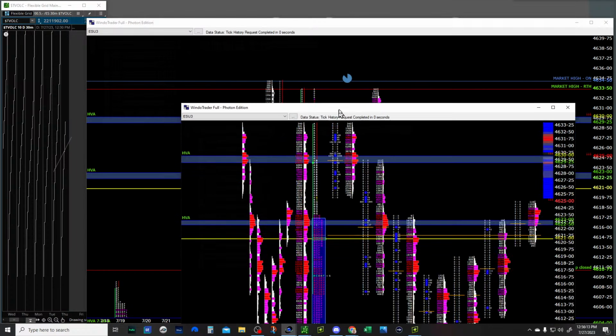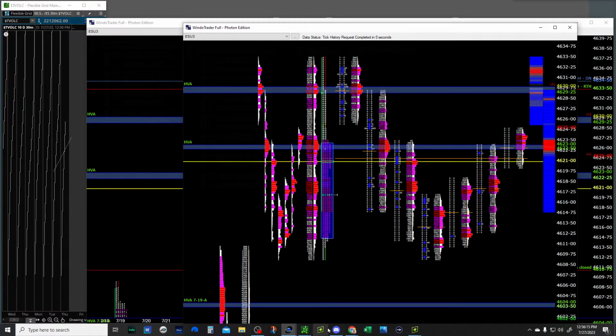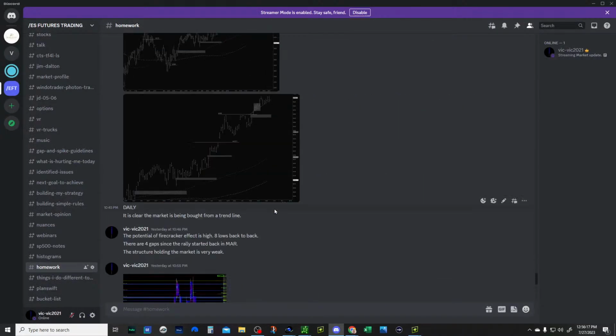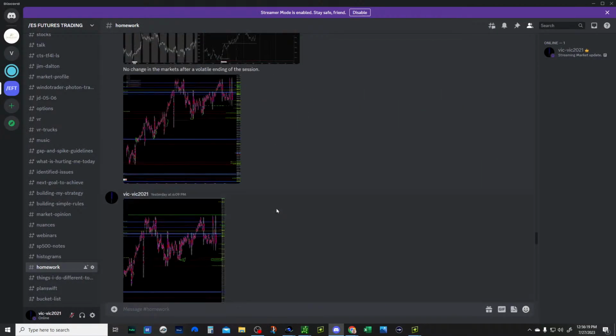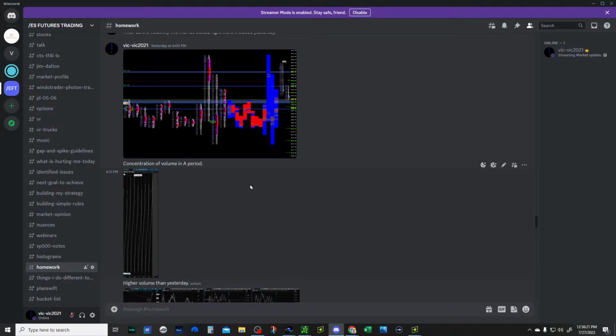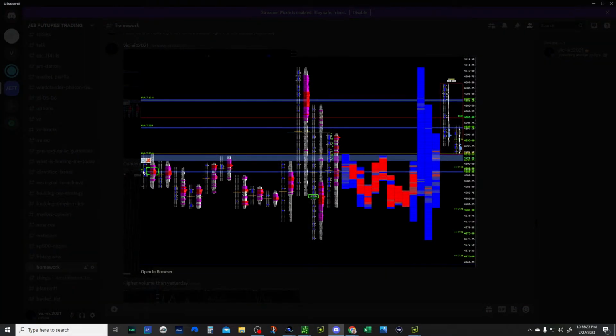Yesterday, for example, I hope I have a screenshot. Yeah, I have a screenshot here. I have the opening. We have high volume here in the opening, and there's a lot of trading around this high volume. No big blocks, just high volume.